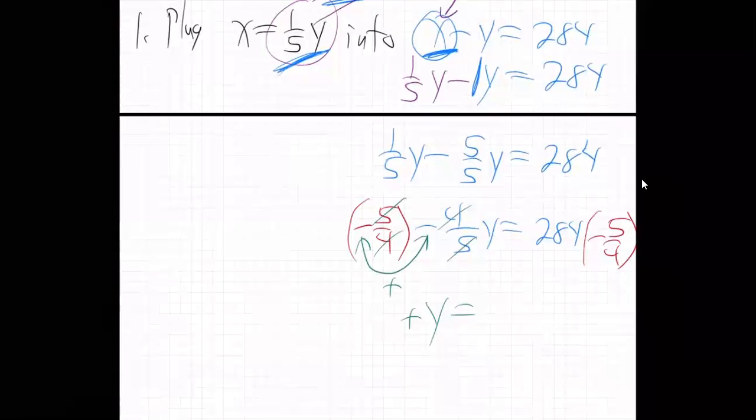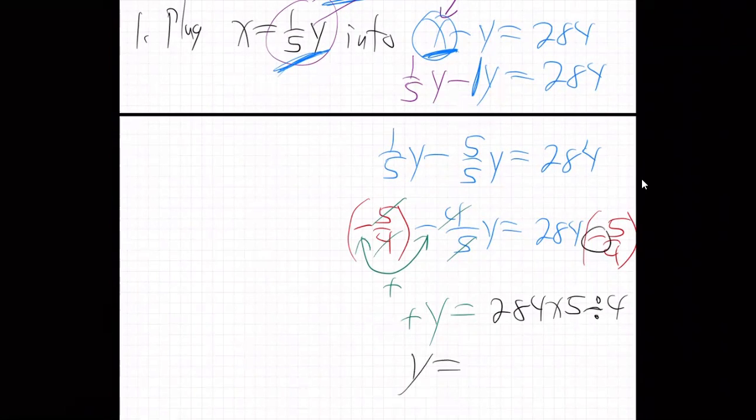Over here, you got to use your calculator and take 284 times 5 divided by 4, but it's going to be negative because there's a negative sign there. So my calculator, 284 times 5 divided by 4, I'm getting 355, but I'm getting negative 355, right?